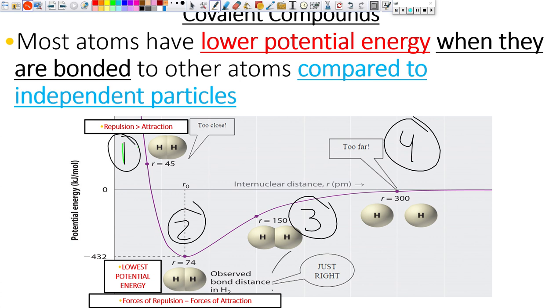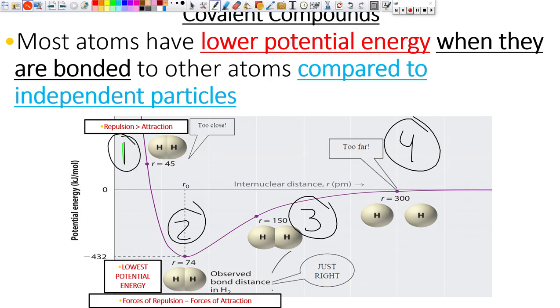Hold up your fingers: 1, 2, 3, or 4. Which one's the lowest potential energy? If you miss that question, we have a problem. It literally says it right beside it. 2. Now, there's a sweet spot of how close they can be to be at the lowest potential energy.